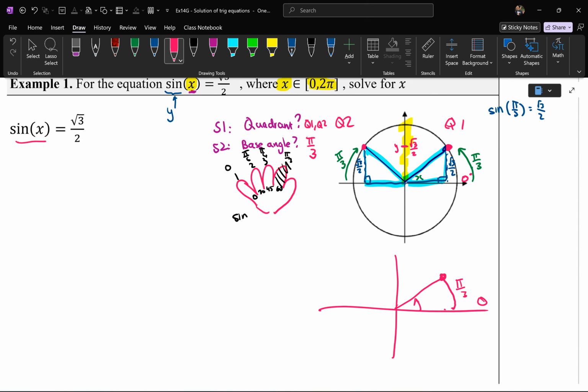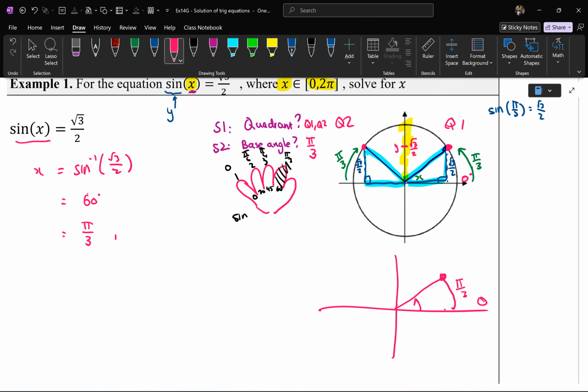So when we say sine of what angle gives you root 3 on 2, you already have 60 degrees, or you're meant to write pi on 3, because we can see that's where I'm starting, and I moved by pi on 3. So that's one of my answers. Pi on 3 is one possible answer to get root 3 on 2.